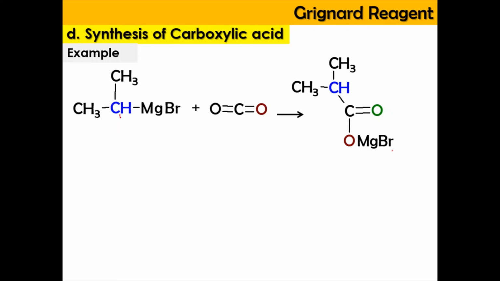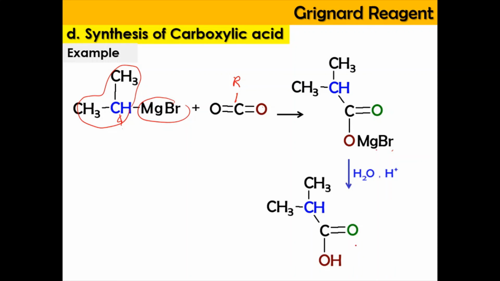The same thing here is going to be attached to the R group, and then the O here is going to be attached to the MgBr. When we undergo hydrolysis, it's going to produce the carboxylic acid, where MgBr is replaced with hydrogen. And the side product here is going to be MgOHBr.